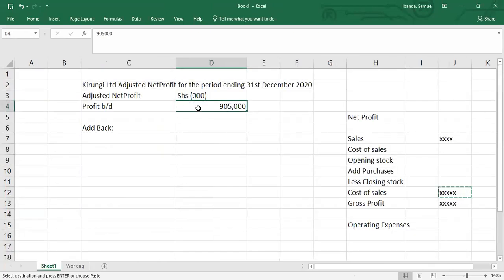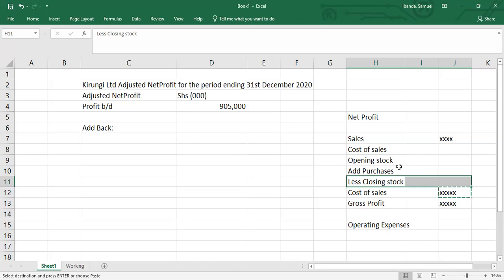Now, I also want you to understand something small here. In determining this net profit, how does inventory work? Closing inventory, because we have opening stock and then closing inventory. I usually use stock and inventory interchangeably.